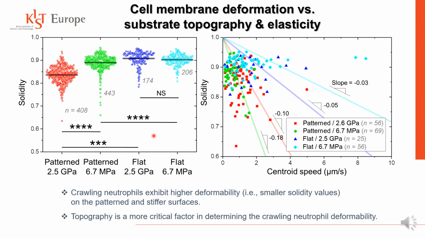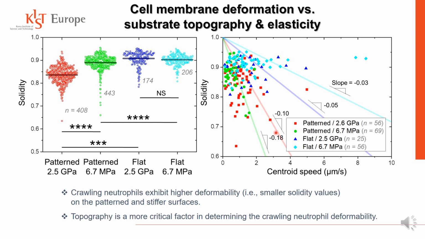Finally, the concave local shape deformation of cells parameterized by 2D solidity is found to develop more prominently on the grooves and stiffer surfaces. That means crawling neutrophils exhibit higher deformability, that means smaller solidity values, on the patterned and stiffer substrates.